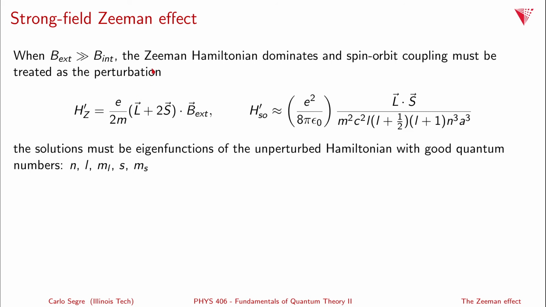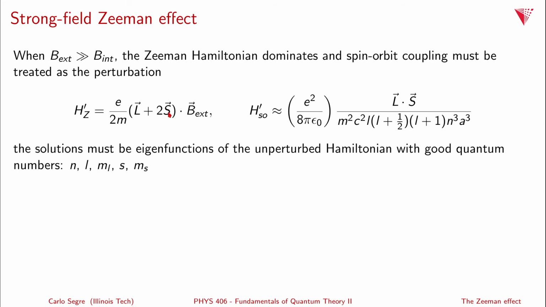Now, because the Zeeman Hamiltonian dominates, you have to be in a basis set that works for the Zeeman Hamiltonian, and that is the basis set where the good quantum numbers are n, l, m sub l, s, and m sub s. The reason is, if you take B external in the z direction, you will have L sub z and S sub z here, and you have to evaluate that.